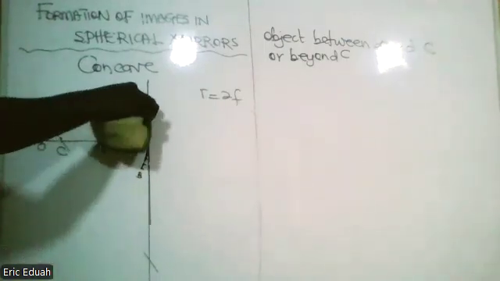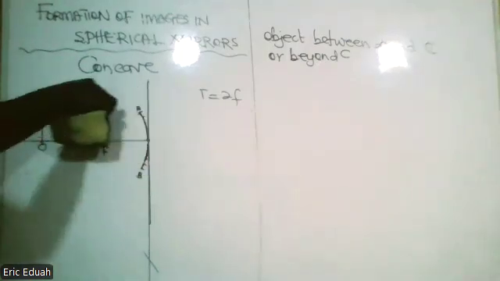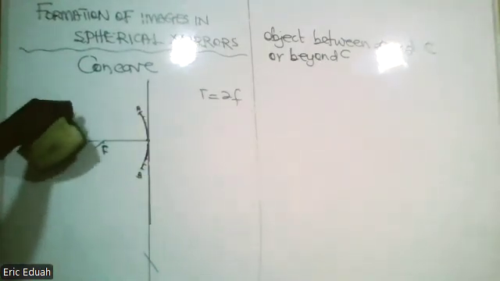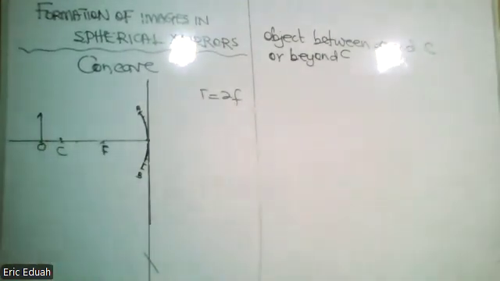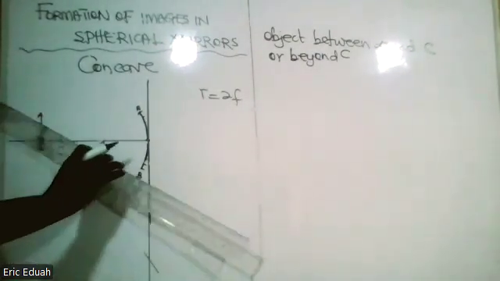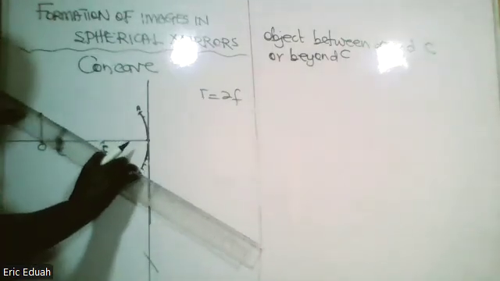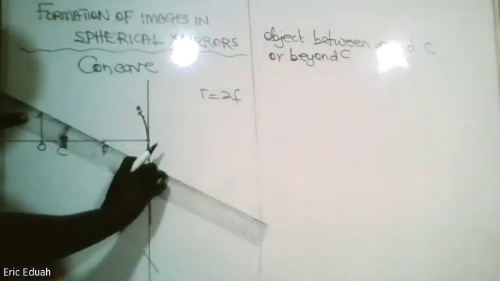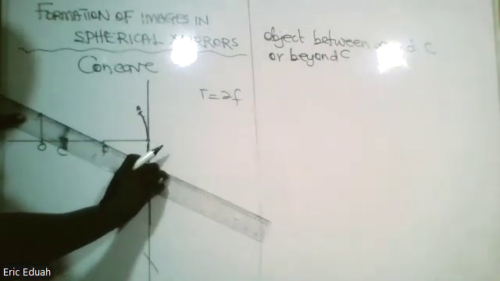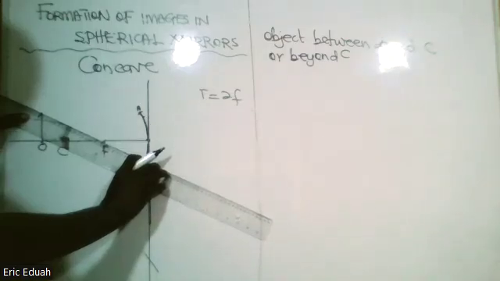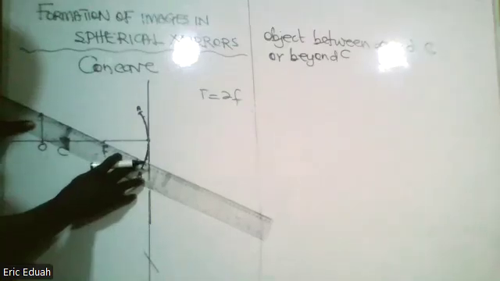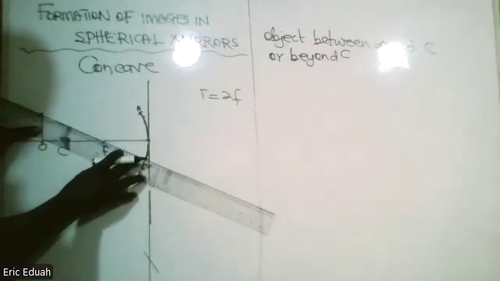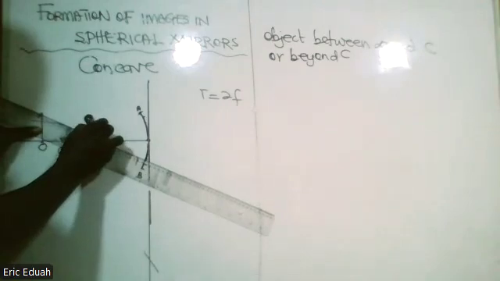There are several rules we can use. I can also decide to use a ray of light from the object. The ray is always from the object, passing through F.